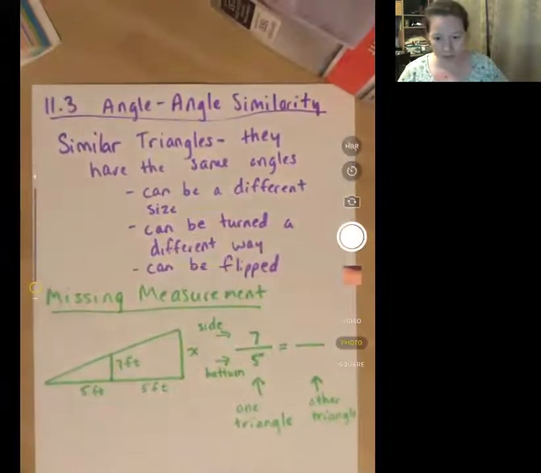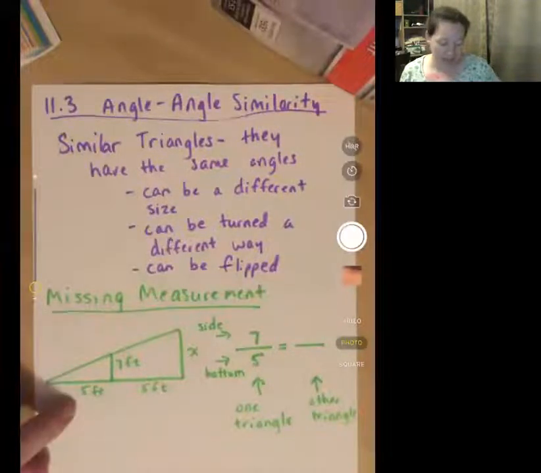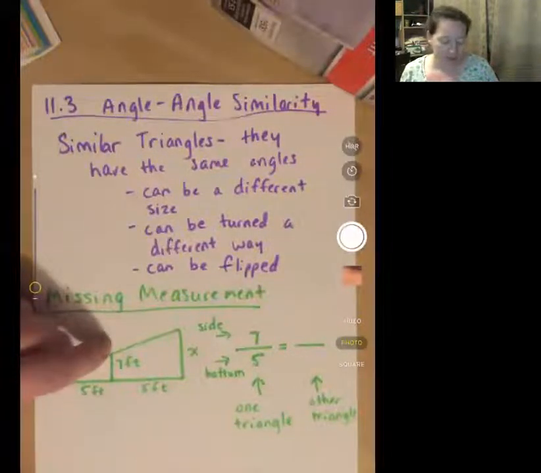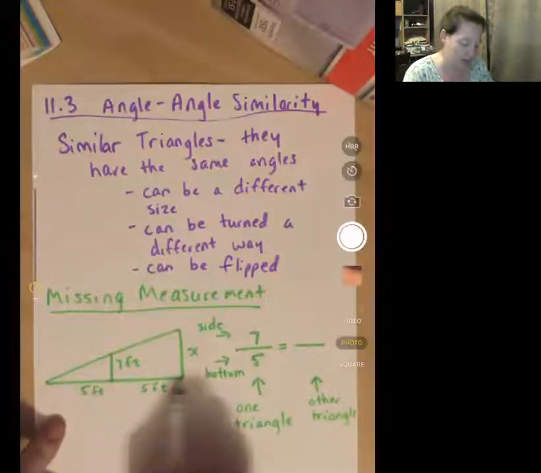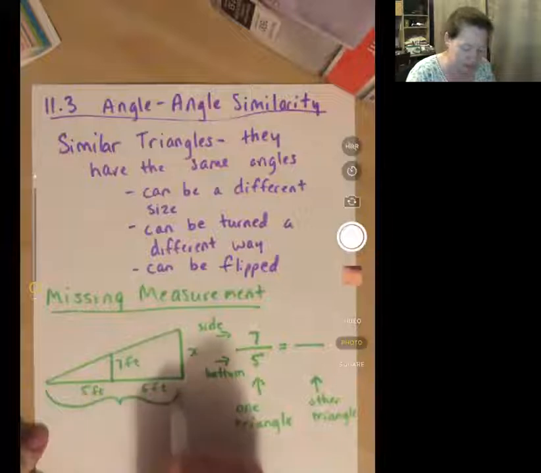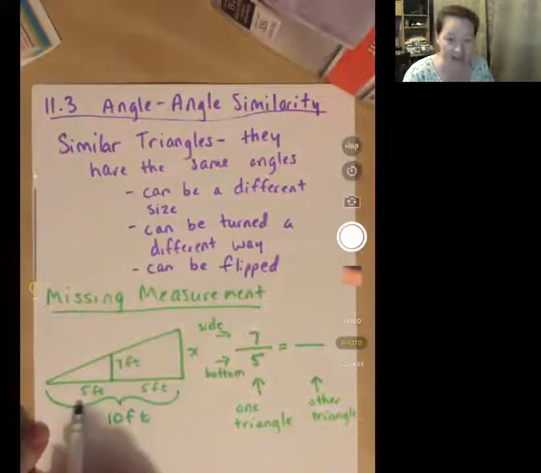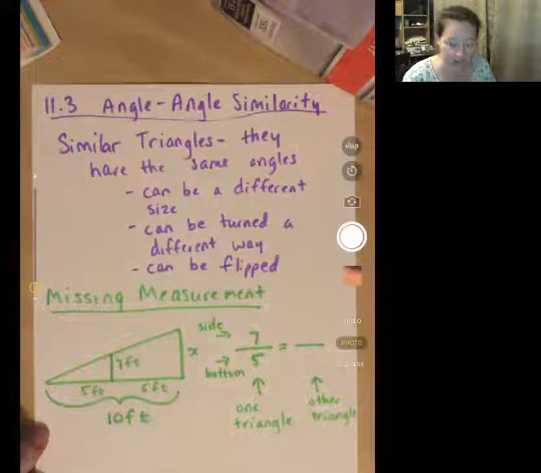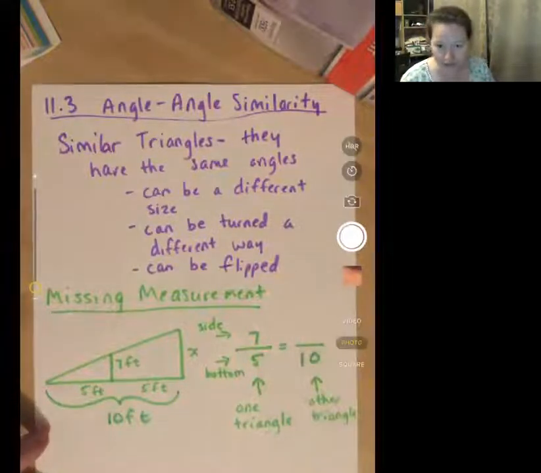Okay, so with me here, this is one triangle, the 5 and the 7. This is the other triangle. The bottom for this big triangle is actually 10 feet, because it is that 5 plus that 5. So it is 10 feet.